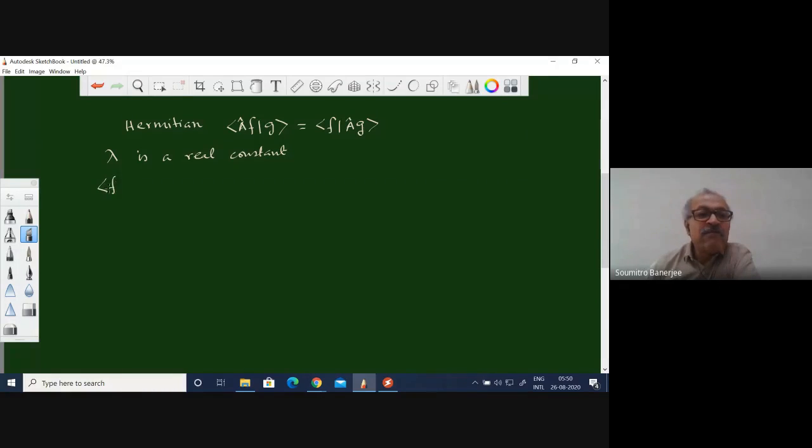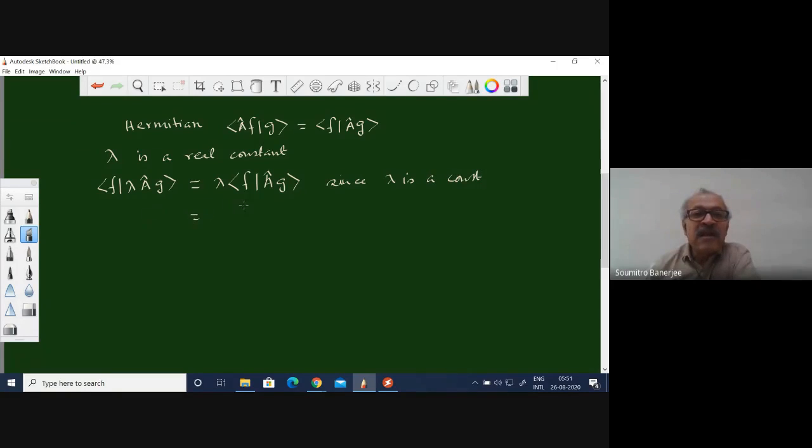Then if I put the lambda in the right hand side, lambda A G, this can be written as, I can take the lambda out, lambda times F A G, since lambda is a constant.